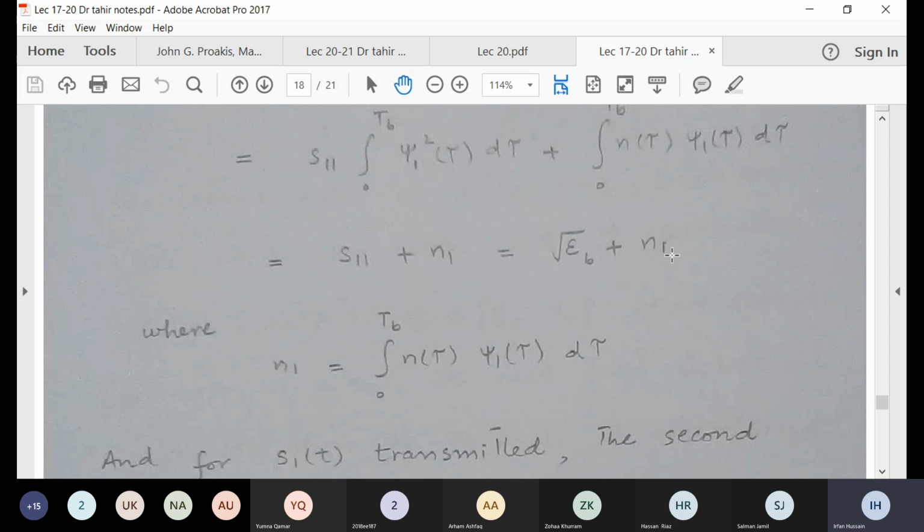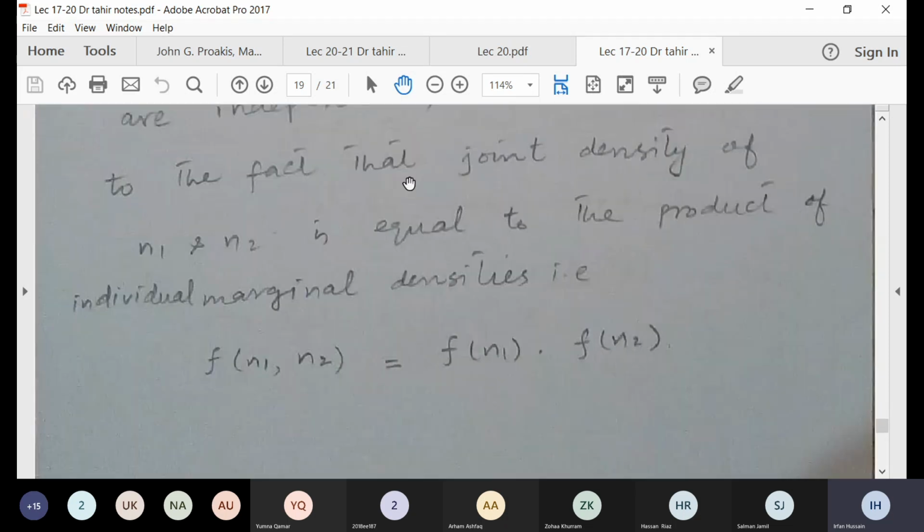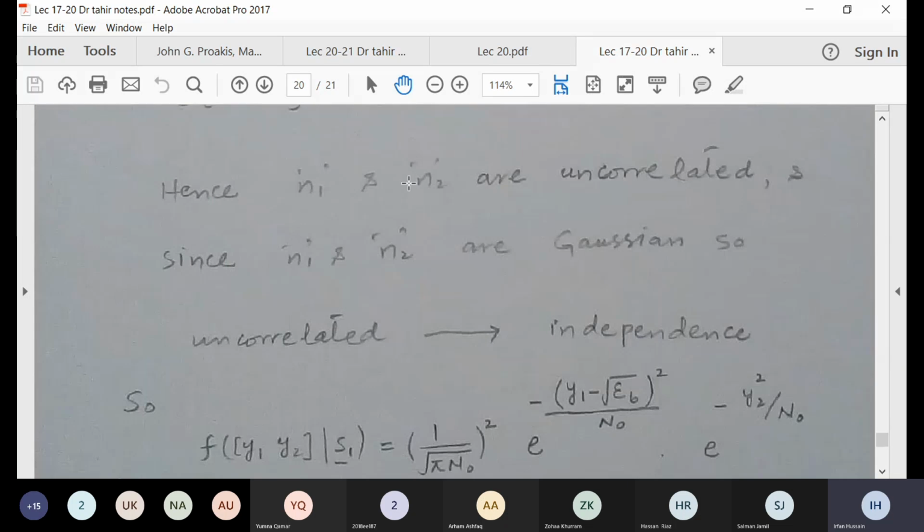So when y1 given s1, because this was calculated when s1 was sent, I just wrote that distribution here, which is mean shifted to root EB and variance N naught.